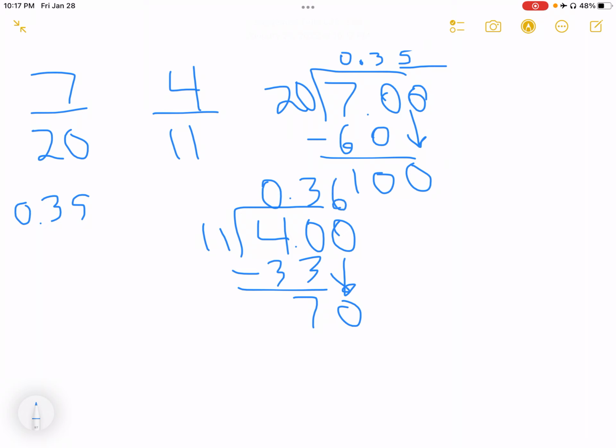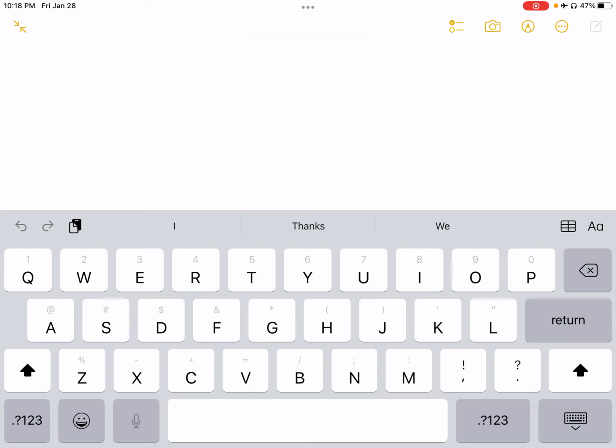All right, so at this point, I can stop if I want to, but I can do another one if I want to. But I have 4, and I have another one, and I have 3. Okay. So then I know at least that it's 0.363 without going any further. I can see that this number on the right is bigger.